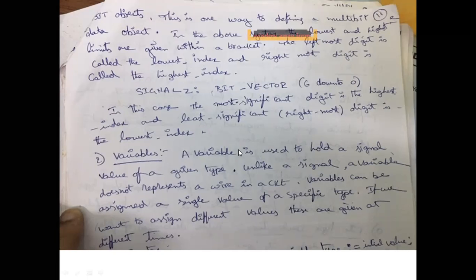So what is the difference between signal and variable? A signal is always assigned as a physical wire, but a variable does not represent a wire in a circuit. With the help of a variable, we can assign a single value.